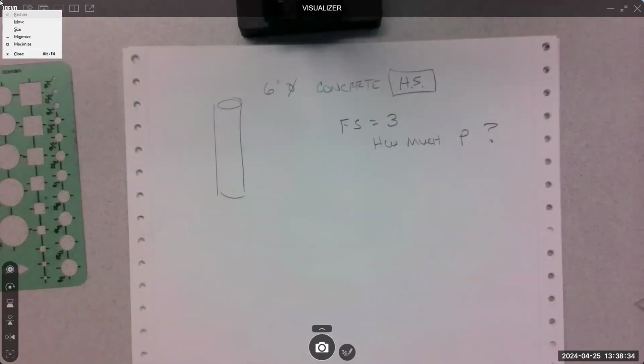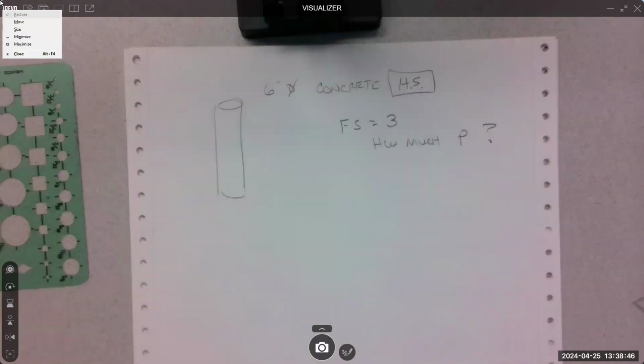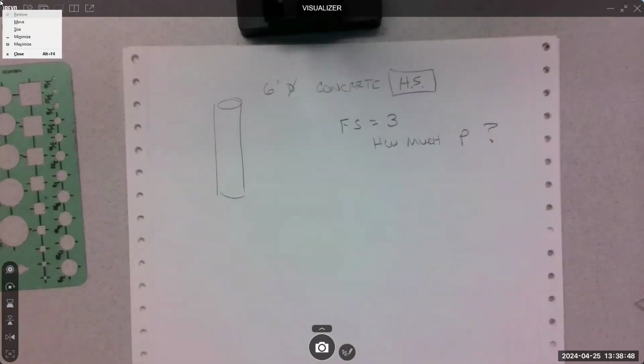So I'll give you a second to capture that. How much load? So P stands for load, like if we're doing stress, it's P over A. P stands for load, and load has what unit? Pounds. Yep. So that's always a good thing to think about.